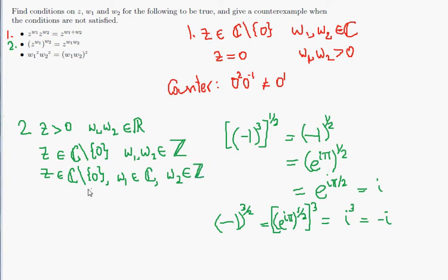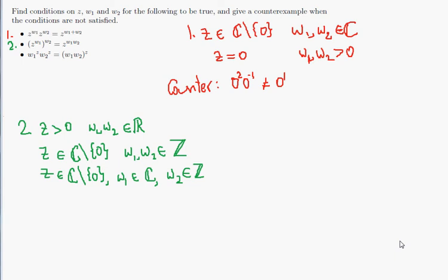This last one, we did not prove in class, but this is also true: the law of exponents still works as long as the outside exponent w2 is an integer.